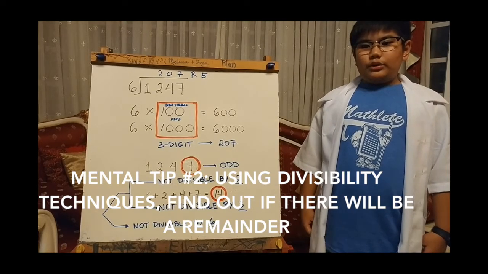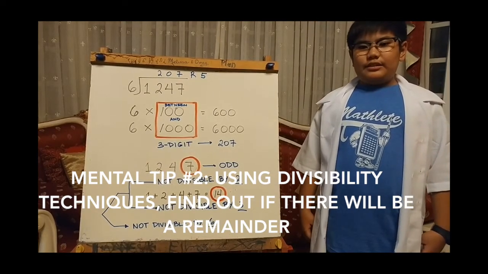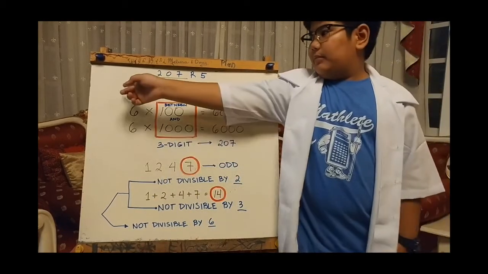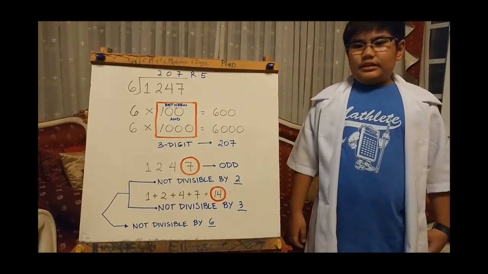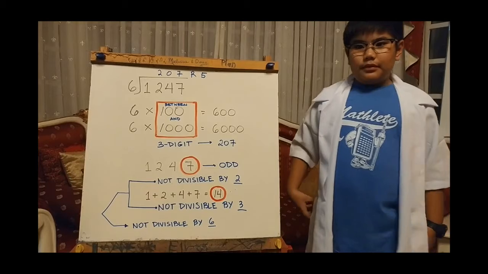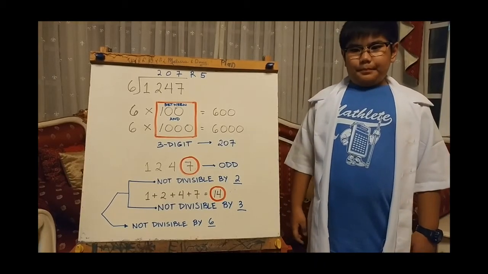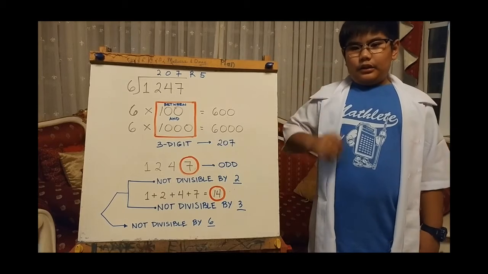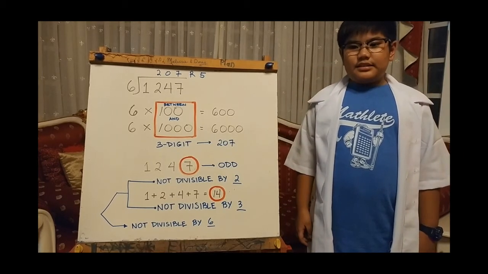Second, find out if you will have a remainder in the answer. To do so, you will need to know if the given dividend is divisible by the given divisor. Is 1,247 divisible by 6? Here's a simple tip. Numbers that are divisible by 2 and by 3 are divisible by 6.